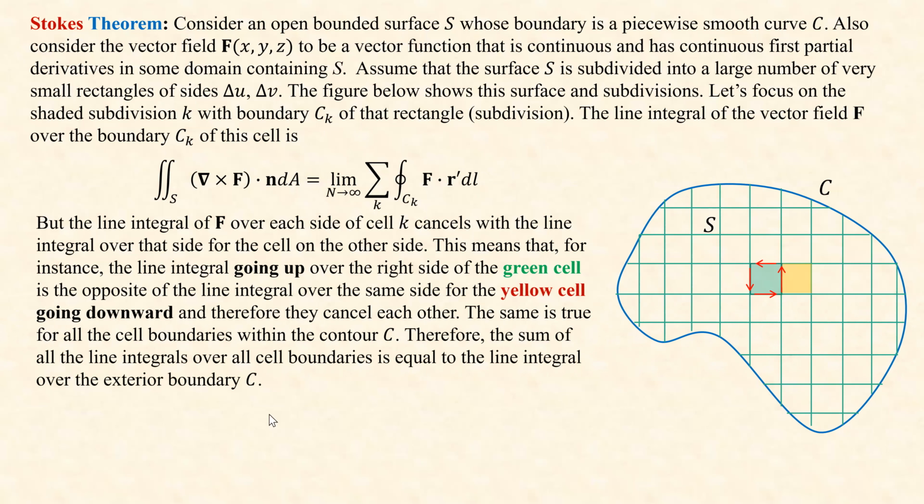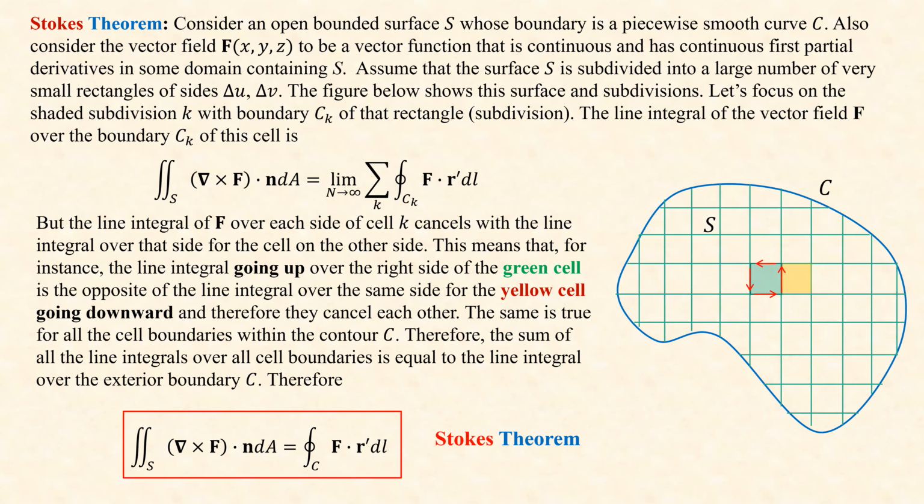The sum of all the line integrals over all cell boundaries is equal to the line integral over the exterior boundary C. Does it make sense? I hope it does. Therefore, the surface integral of curl of F dot n dA equals the line integral around the boundary of the surface of F dot r prime dl. All right, and that is the Stokes theorem.